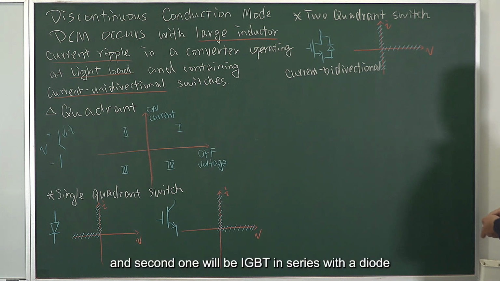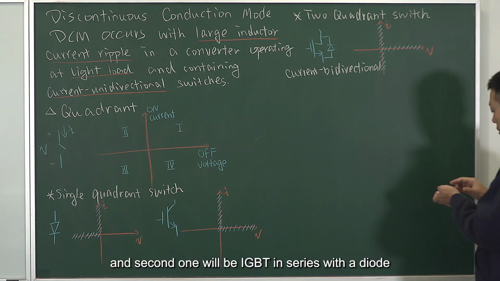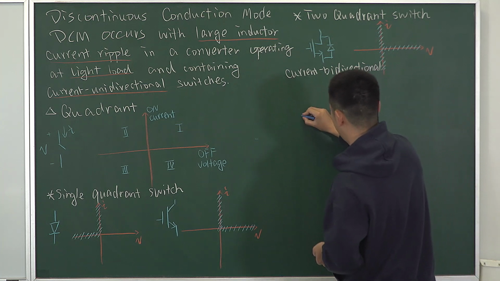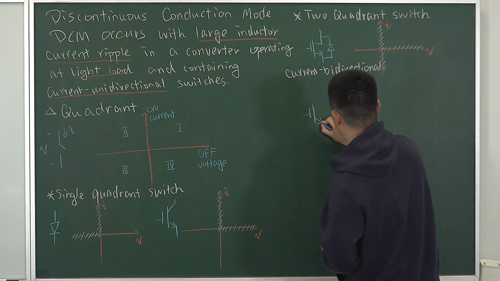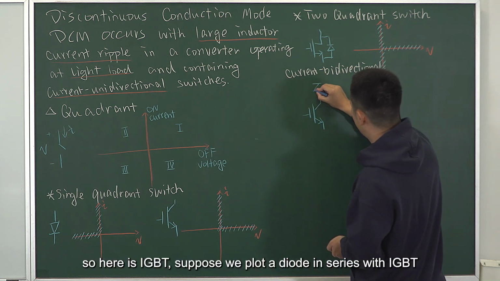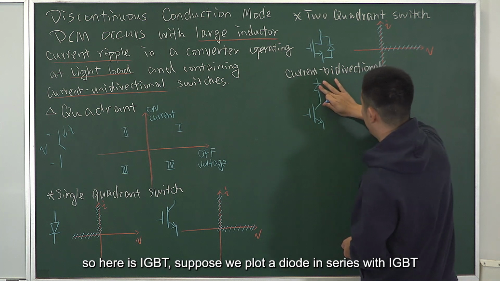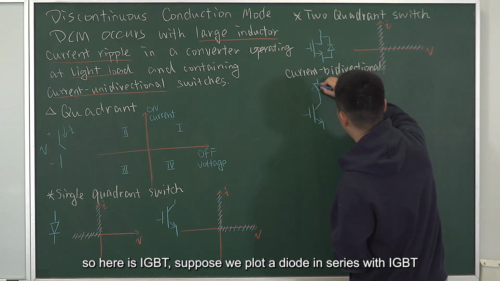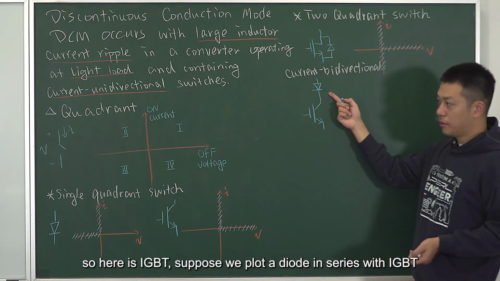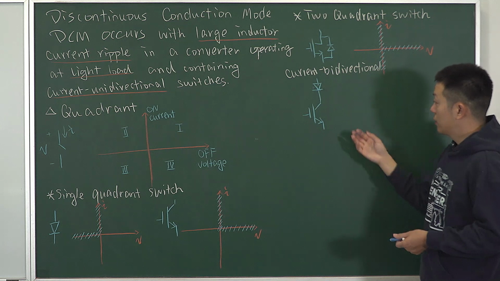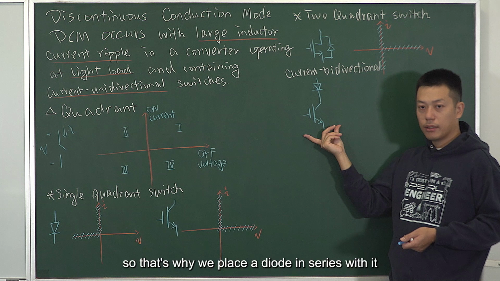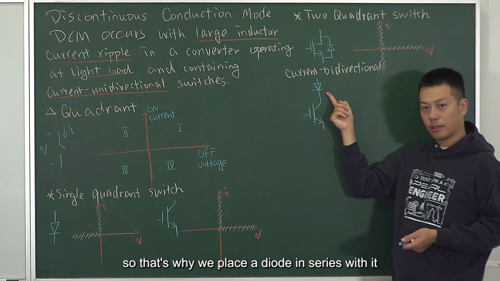The second one will be an IGBT in series with a diode. Here's the IGBT, and suppose we plot a diode in series with it. Remember, we mentioned that the IGBT has weak reverse blocking ability. That's why we place a diode in series with it.